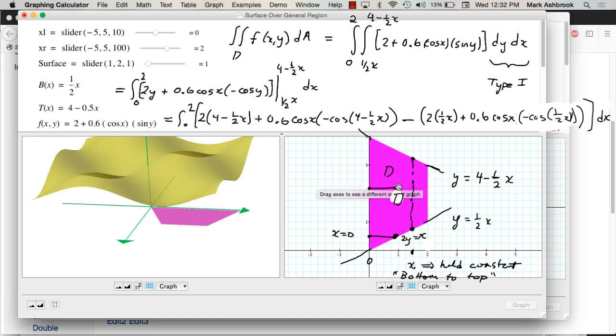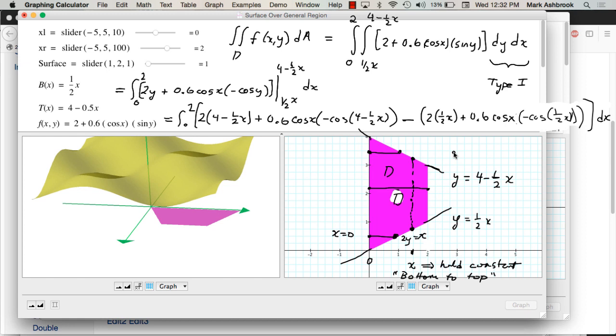What's my left? The left is 0, my right is? Uh-oh, it's not 2y anymore, it's just 2. And then when I get up here around 3, 3.5, my left is 0, my right is? Whatever this is, solved for x, right? So something's going on here. Our right boundary is changing for different y's, right?